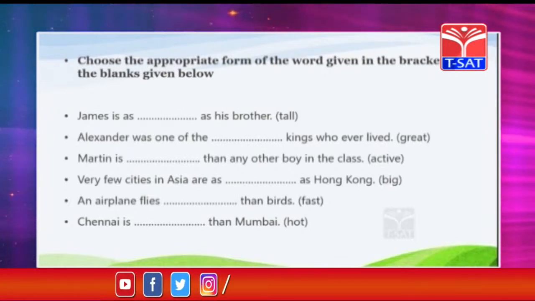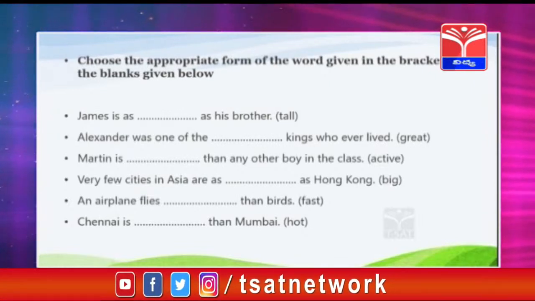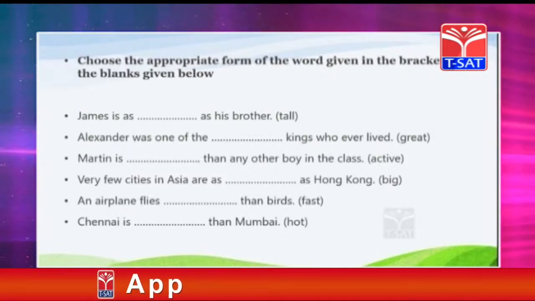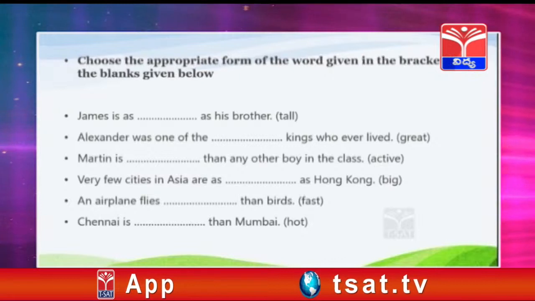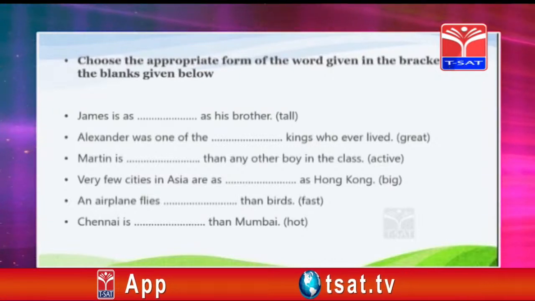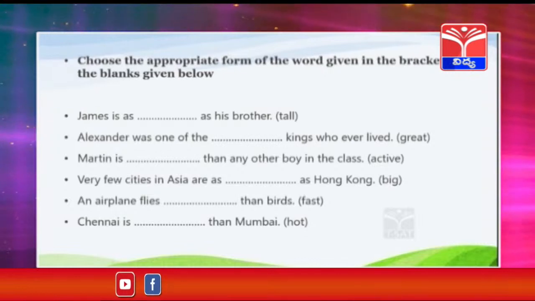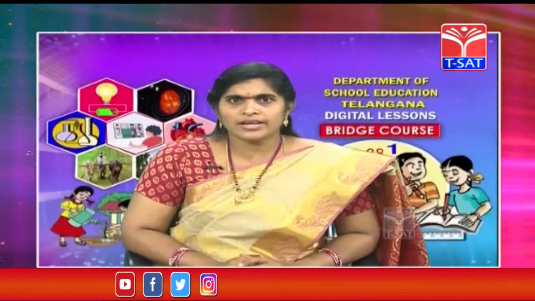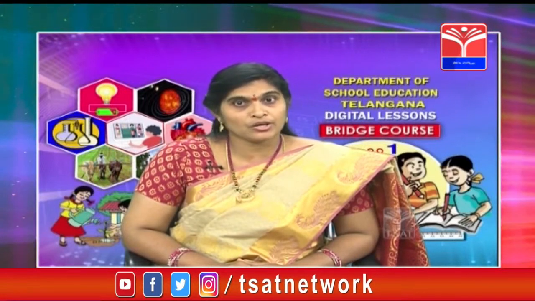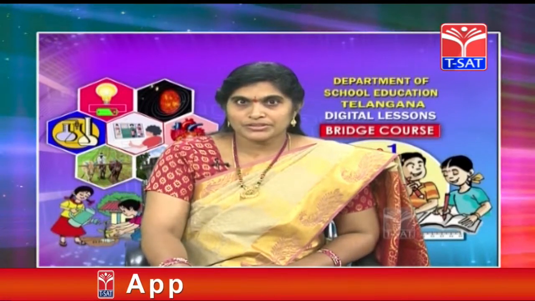So change the words given in the brackets into the other forms and then fill the blanks. The last one, Chennai is dash than Mumbai. Here the word given is hot. So children, I hope you all have written these answers in your notebook. Shall we go through this?